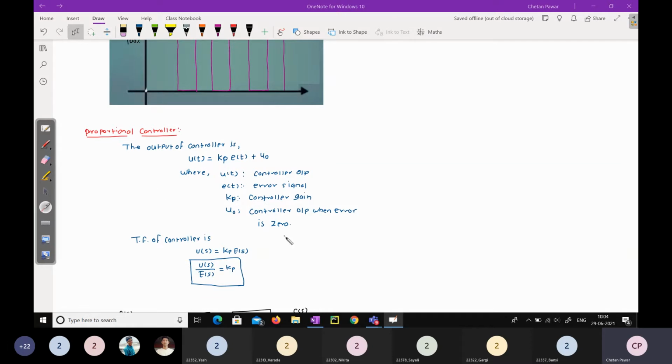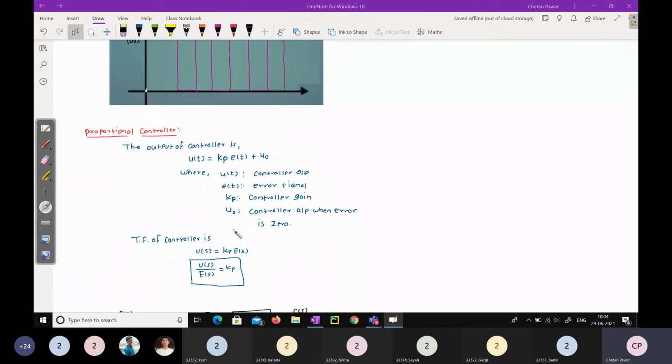Now if you just calculate a transfer function for this, we know that for deriving the transfer function of any system, we ignore the initial conditions. So I will ignore u0 here because that is the controller output when error is 0.